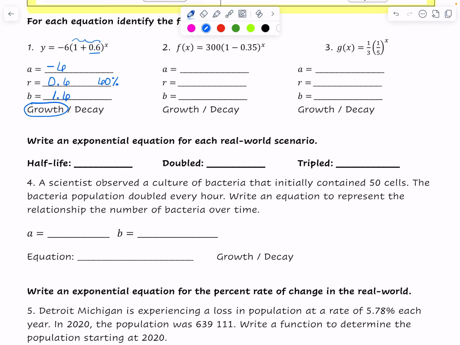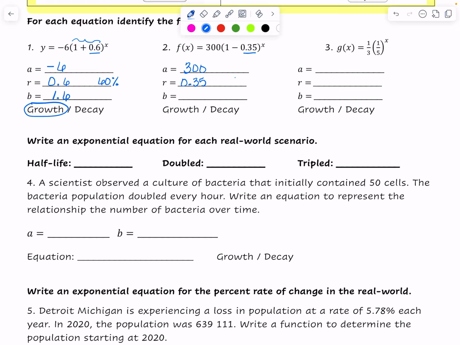Okay? All right, number 2. On number 2, the A value is 300. The R value is 0.35. Now again, even though it's minus 0.35, the R value itself, the common rate or that common percent will never be a negative number.